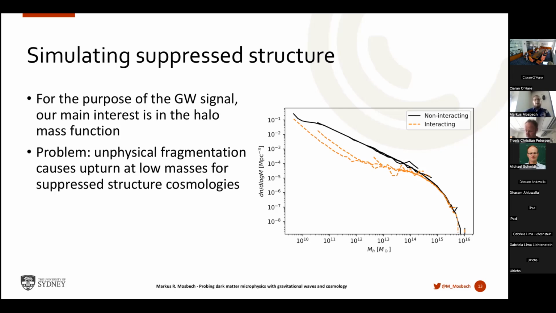So what we've done to ameliorate this problem is that we have simulated a bunch of boxes of different size, and then we've cut off the halo mass function once it starts to get iffy, and then we've just stitched together the parts that we can trust, essentially.